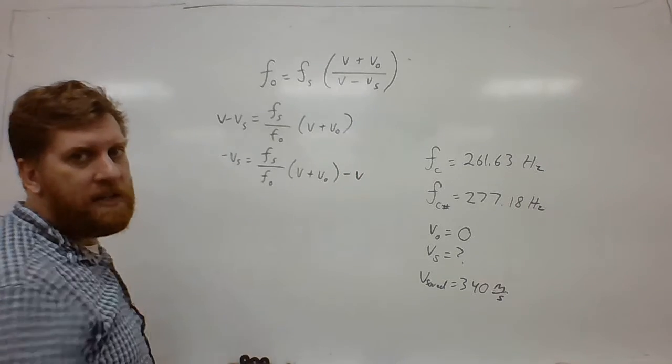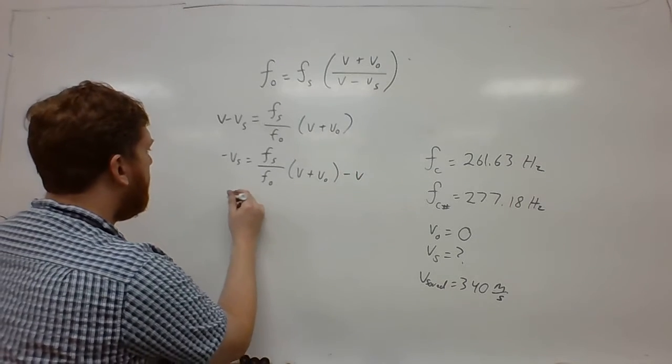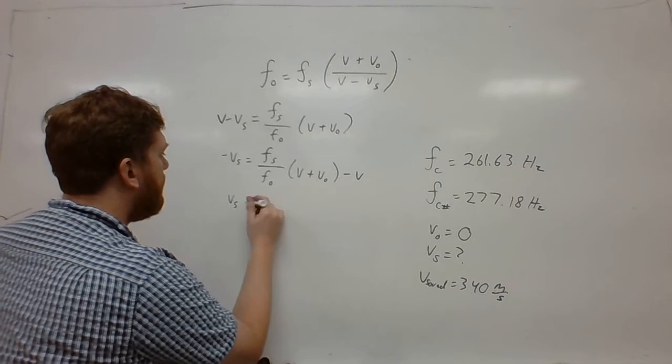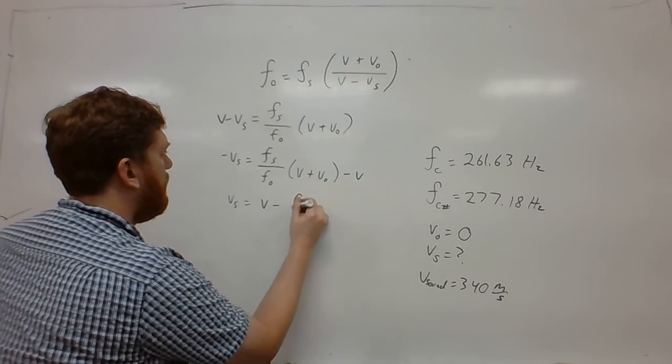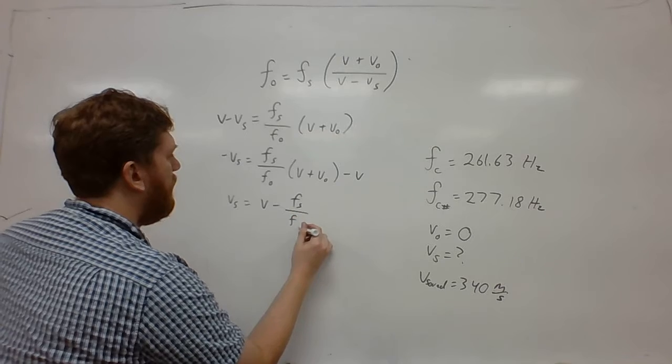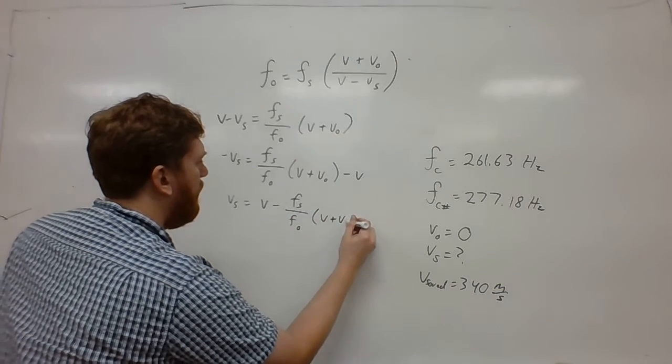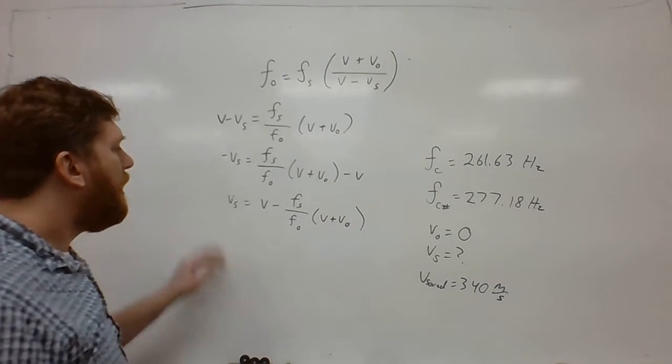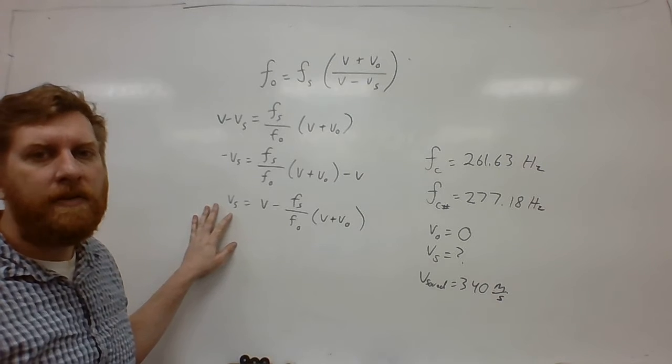And multiply both sides by -1. Now we've solved for the velocity of the source.